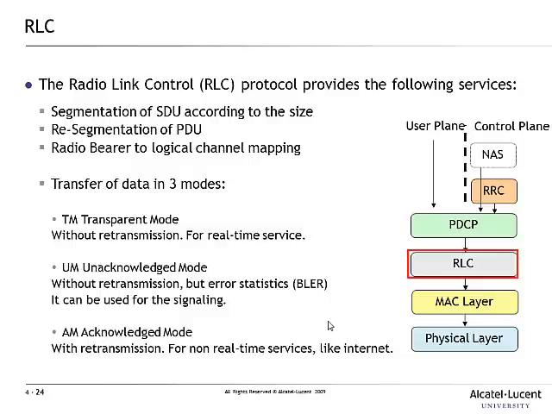If you have errors in the communication, there is a mechanism by which the RLC layer will retransmit any information that has been received in error. The MAC layer deals with finding out if there is an error, but once it finds out there is an error, it will be the RLC layer that will retransmit, and this is used for non-real-time services.